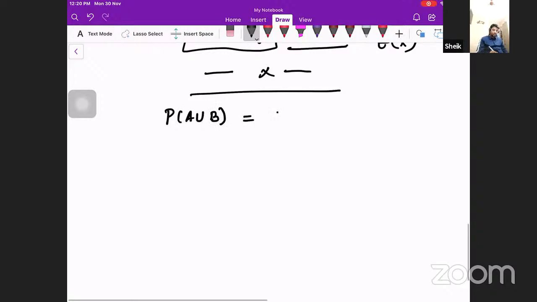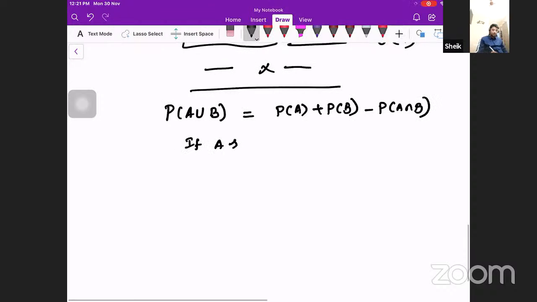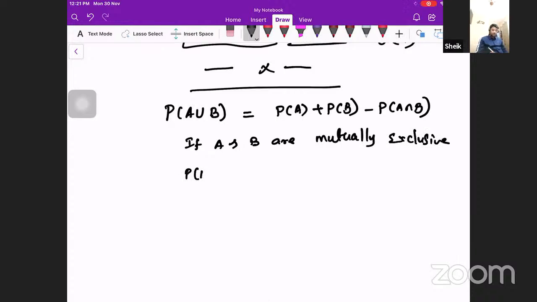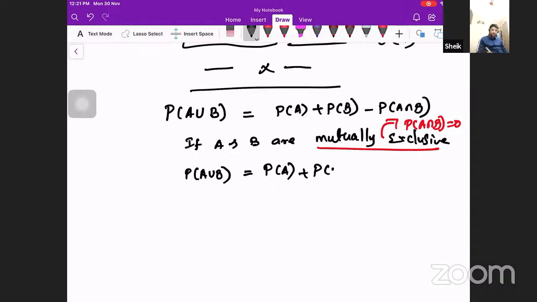P of A union B equals P of A plus P of B minus P of A intersection B. If A and B are mutually exclusive, then P of A intersection B is equal to 0. Therefore, P of A union B is equal to P of A plus P of B.